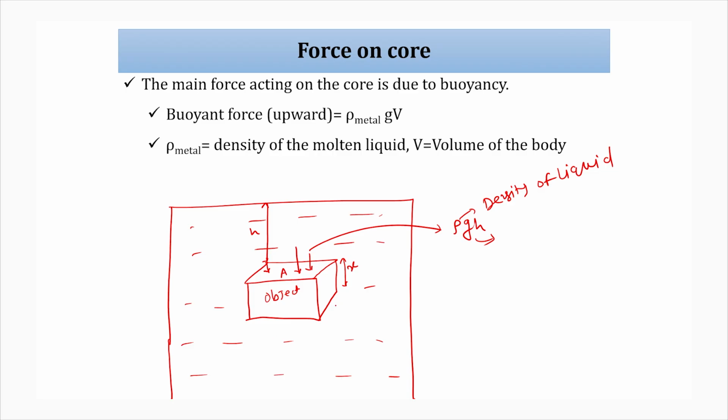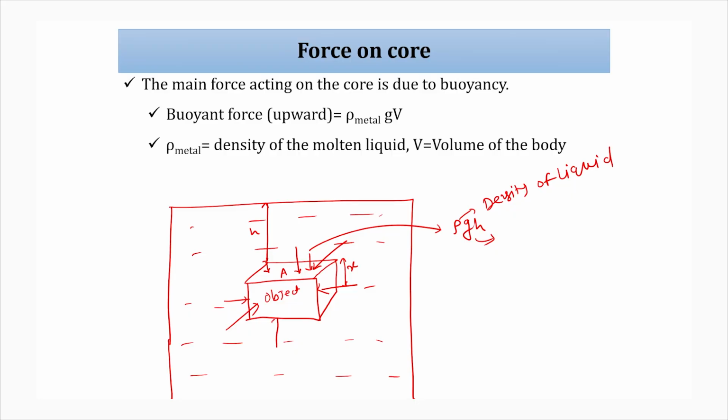Similarly, in this direction also pressure will act, but in these opposite directions they are opposing each other, so they will cancel out. Similarly, from the front and back, they will cancel out.